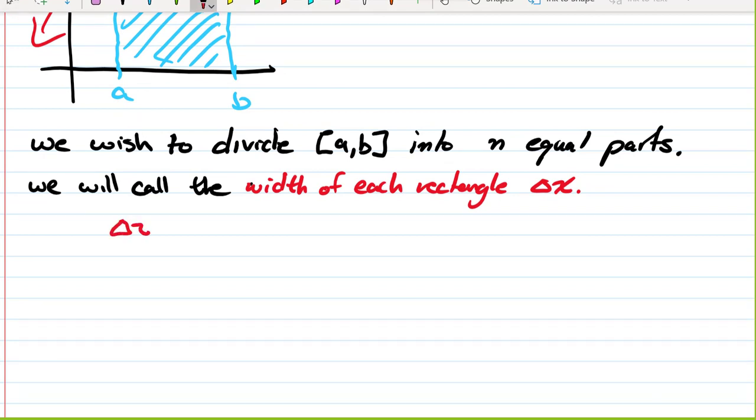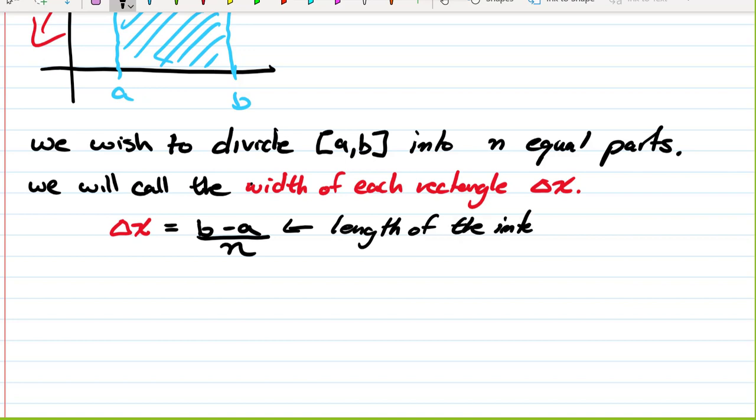Delta x is defined to be b minus a divided by n. So this is the length of the interval divided by n. So in the previous example that we were doing, the length of the interval was 1. That's why we always had 1 in the numerator. And n is going to be the number of rectangles.